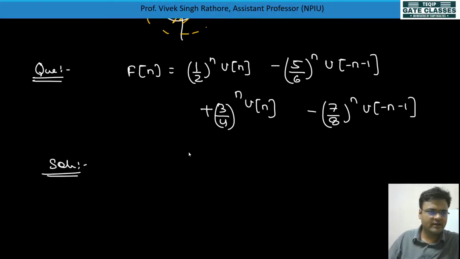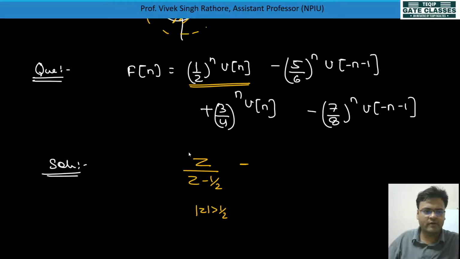So see, this term's z transform is z by z minus half, and mod z should be greater than half. Then minus (5/6)^n u of minus n minus 1 gives plus z by z minus 5 by 6, because minus u of minus n minus 1 gives z by z minus 1, and here mod z should be less than 5 by 6.